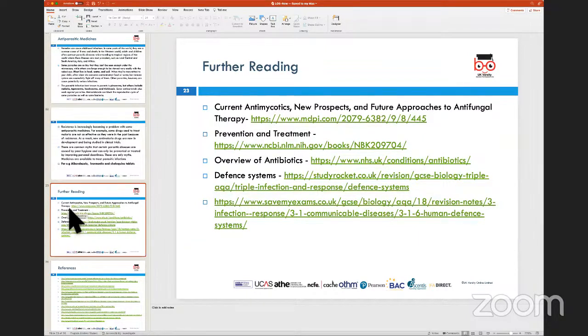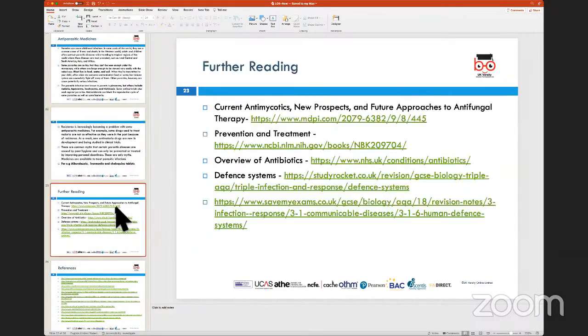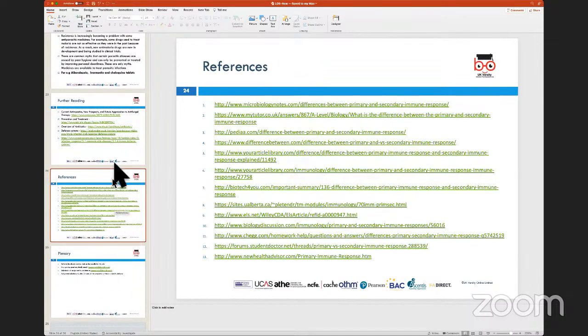So whether it's viral, bacterial, fungal, or parasitic, depending on that, we will use appropriate medication to treat these infections in the human body. Is that okay? So that brings us to the end of this particular discussion in terms of our session.